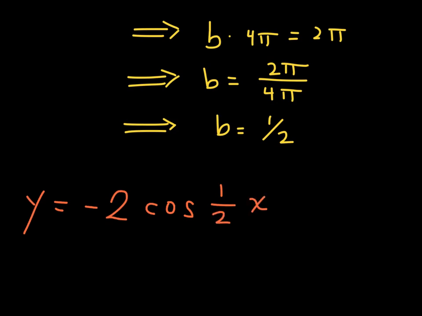How's that for you? Cool deal. So this negative is the reflection, which is the reason why it starts to increase right away. This is my amplitude, the absolute value of -2, which is 2. 2 units is your amplitude. And this b value of 1/2 is going to cause you to horizontally stretch your graph, changing your period.